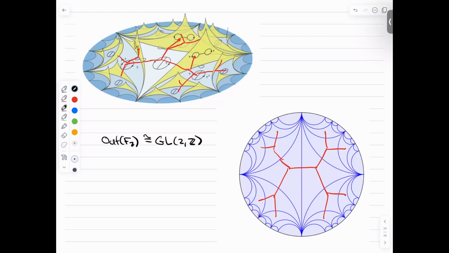So this beautiful picture here suggests some connection to hyperbolic geometry and also GL2. That would be nice. So you can prove that there's no hyperbolic metric on outer space. In fact, you can't put a CAT(0) metric on its spine.